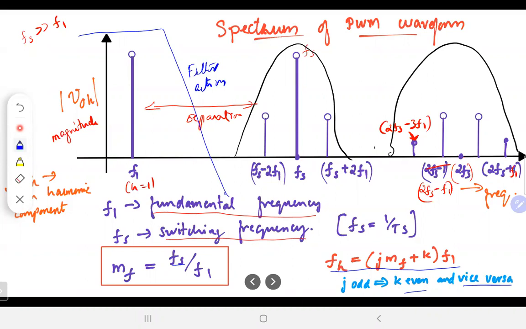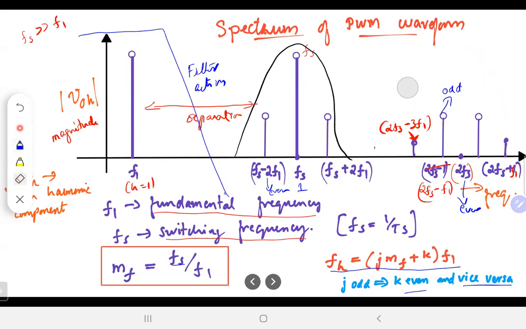We'll not get into the details of that, but just remember that if fs is odd, this would be even. Here again, 2fs is even, and therefore the side lobes for this one would be odd, corresponding to the odd frequency: f1, 3f1, etc. So the side lobe would be exactly like that.